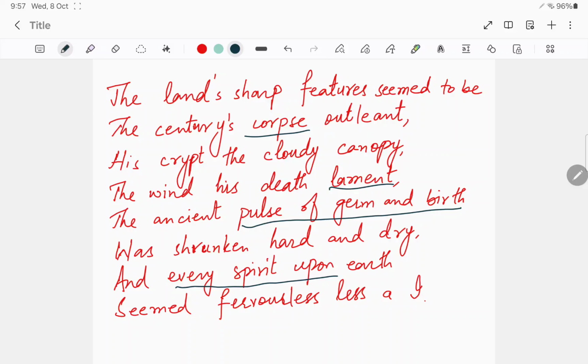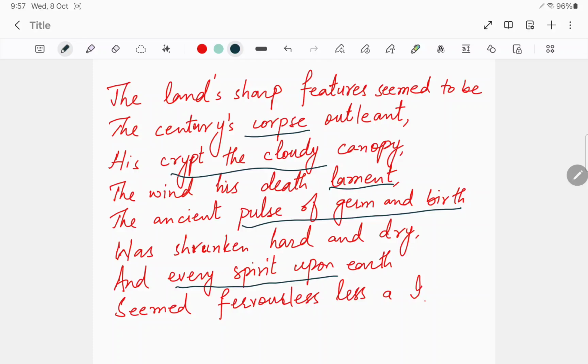As far as the literary devices are concerned, again, there is a metaphor when he says the century's corpse outlined. That means the century is compared to a corpse, and the sky to a crypt. That is a very powerful symbol of death. So both of these are examples of metaphor.